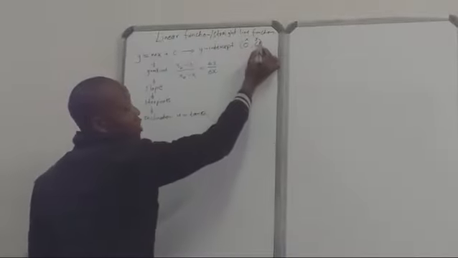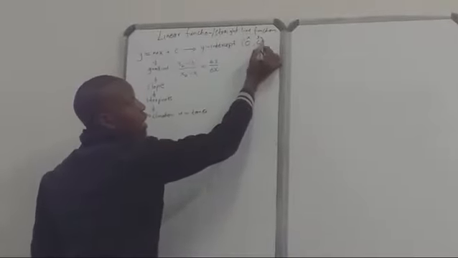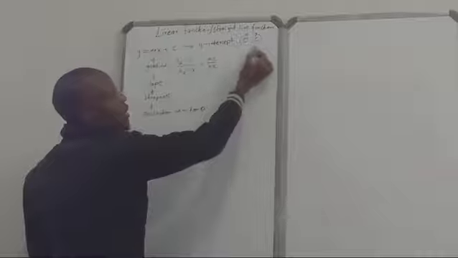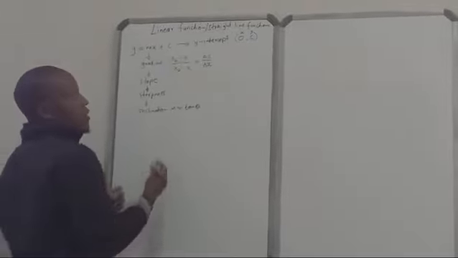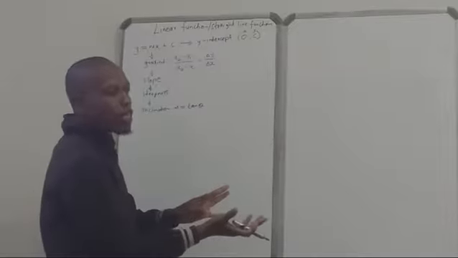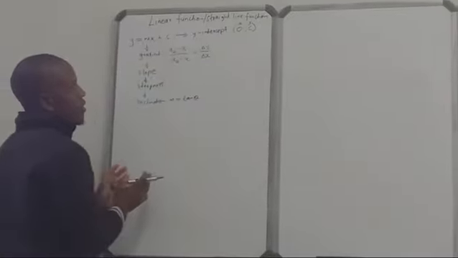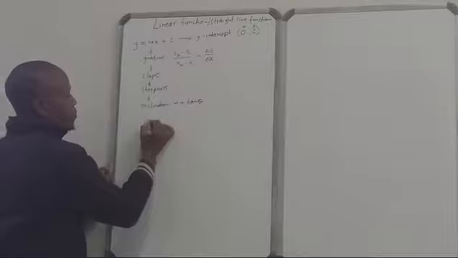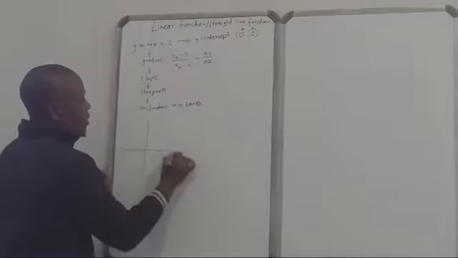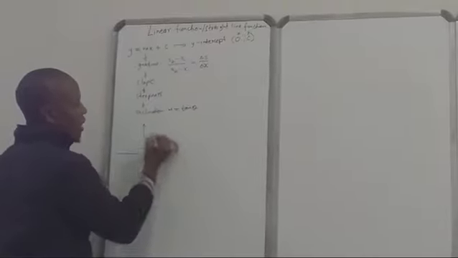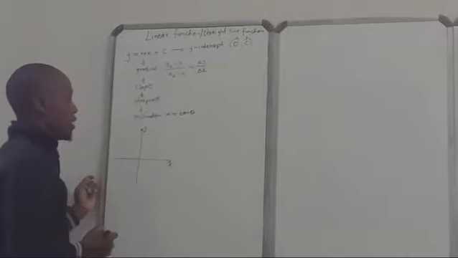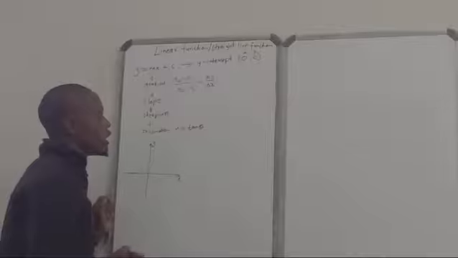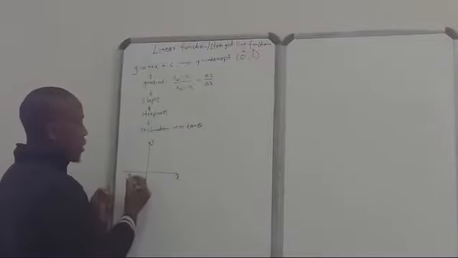We call this coordinates. You either call it a point or coordinates. And then you write your x and y coordinate system, or your Cartesian plane.